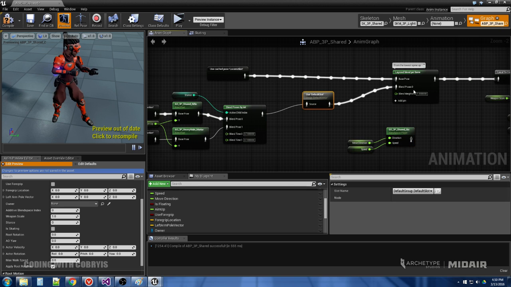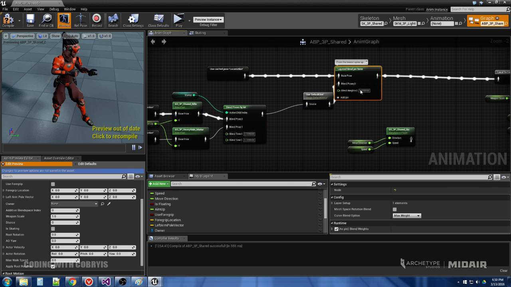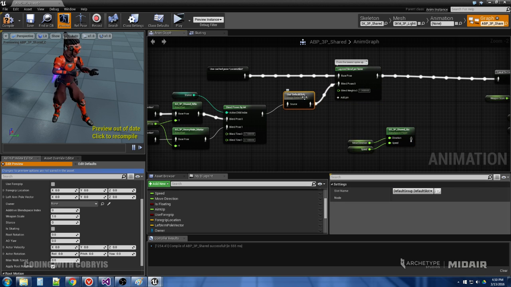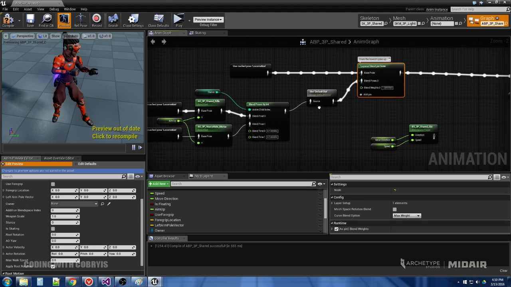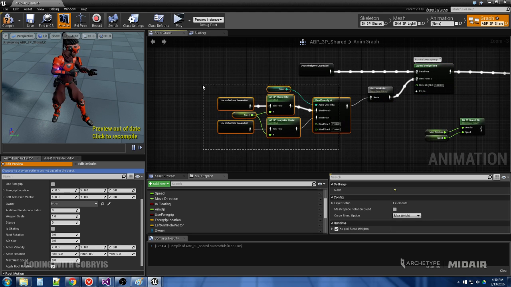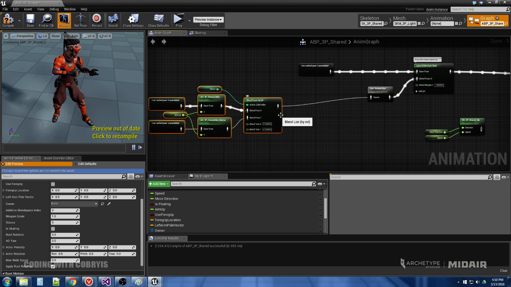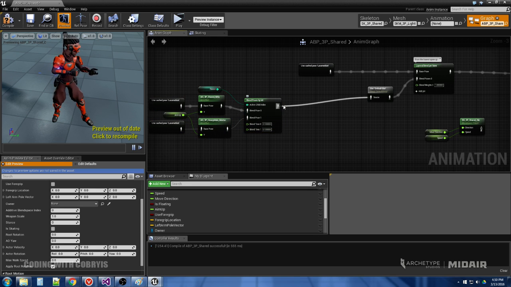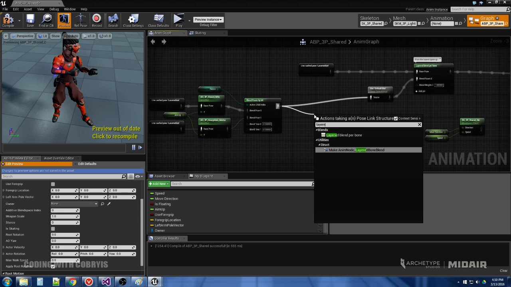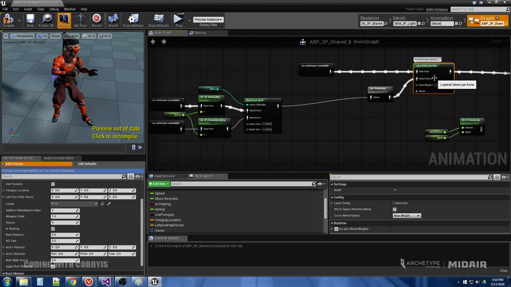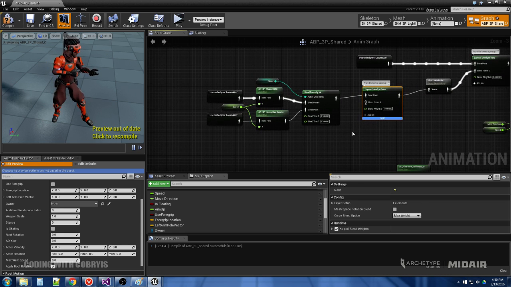And we're gonna apply this animation only from the spine up. Layered. I'll just copy this guy. And we're gonna only turn this on for now when we're skating.